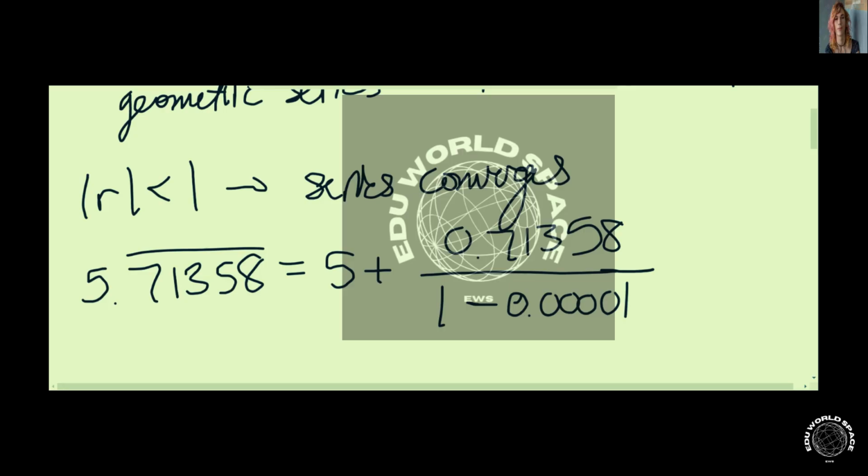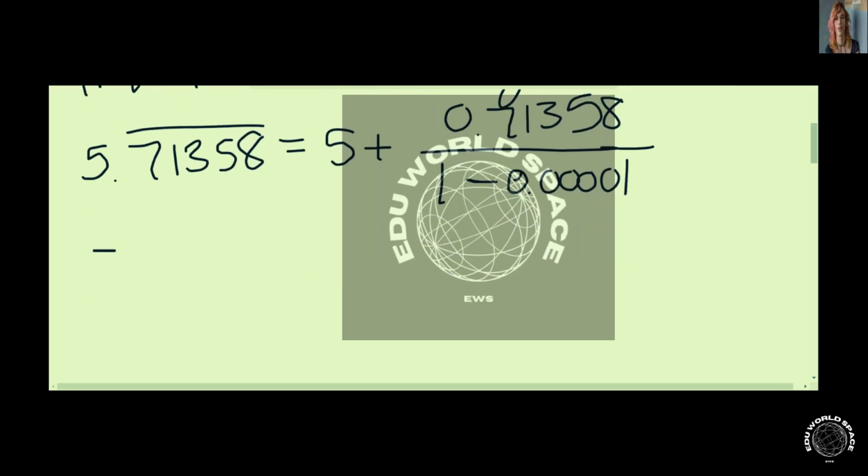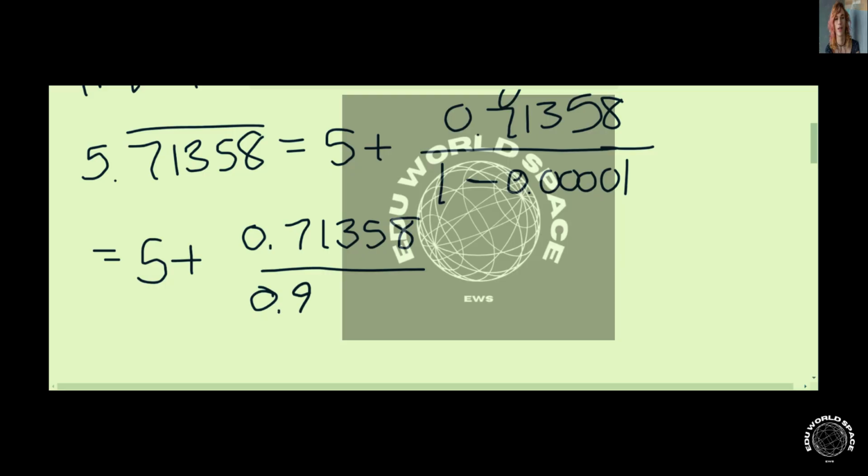Now, this simplifies to 5 plus 0.71358 over 0.99999, so 5 nines.